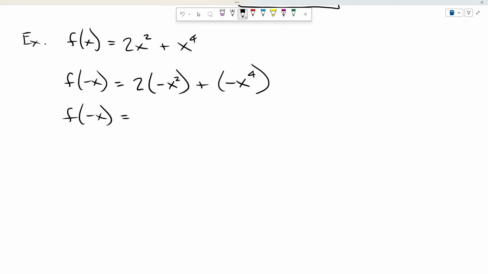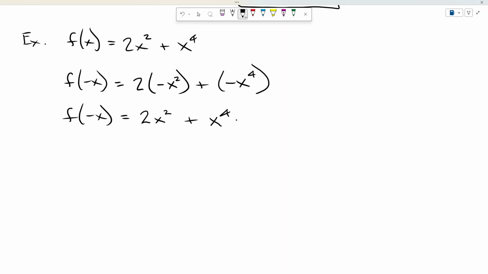So negative x squared, that'll become positive. Negative times a negative will get us positive. So we end up with x squared times 2, so that'll just be 2x squared. And then we have negative x to the fourth. Since we have an even number in the exponent, this will become a positive. So we'd have plus x to the fourth.